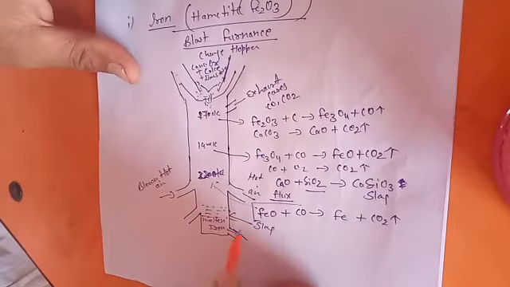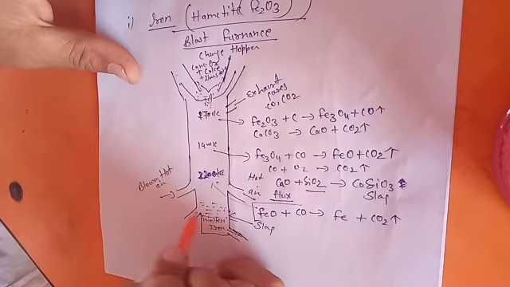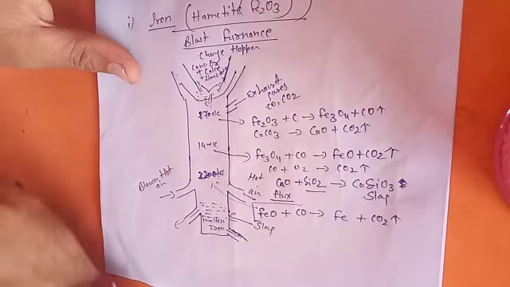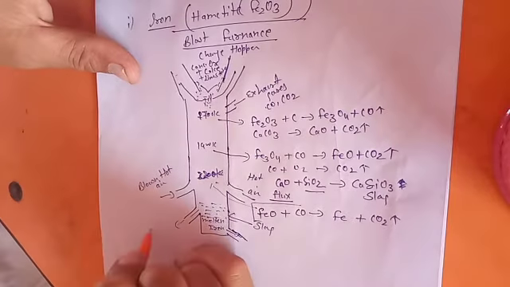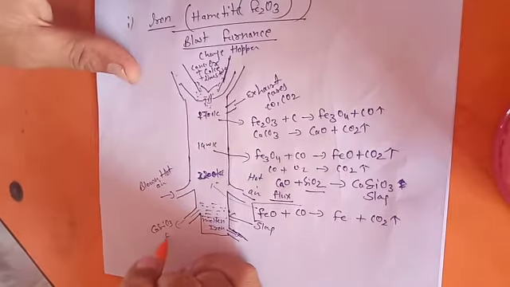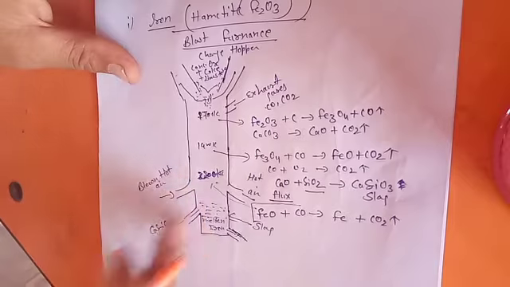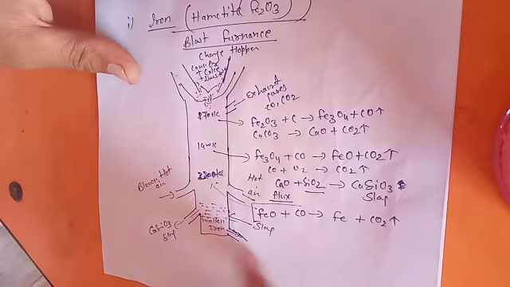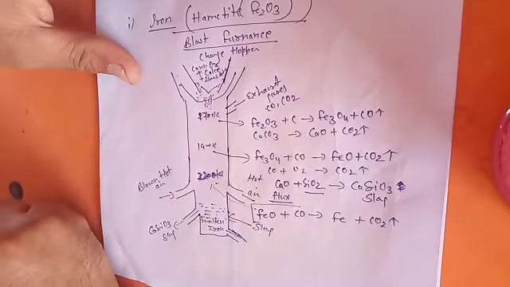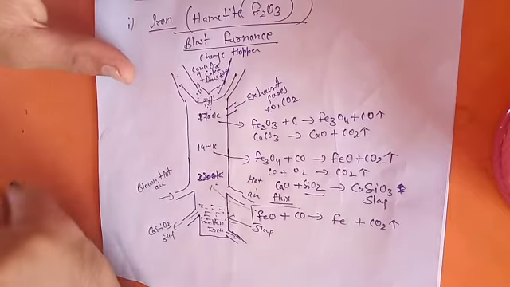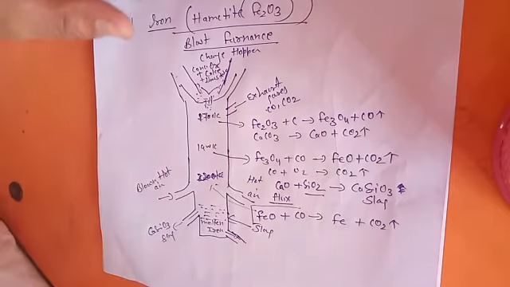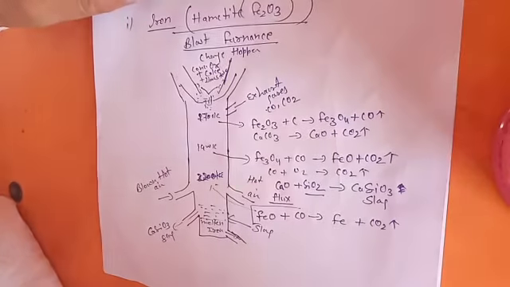The molten iron is tapped from here, and slag, which is less dense, is separated from here. That is calcium silicate. So we remove the impurities from here, and the molten iron we need comes out of the blast furnace. That is how the whole equipment works.